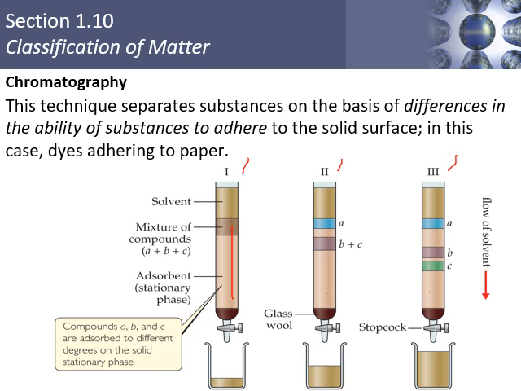This whole thing can take hours. But at the end of the day, you wind up with component A here. B actually traveled farther, and C traveled even farther than B. The beauty of this is it separates everything out, but the problem is that it's such a tiny amount. It's good to use in a police lab or some other kind of lab where you're just trying to see what's in the mixture.